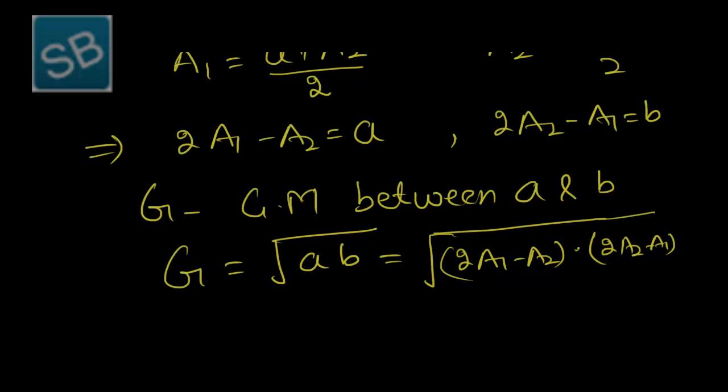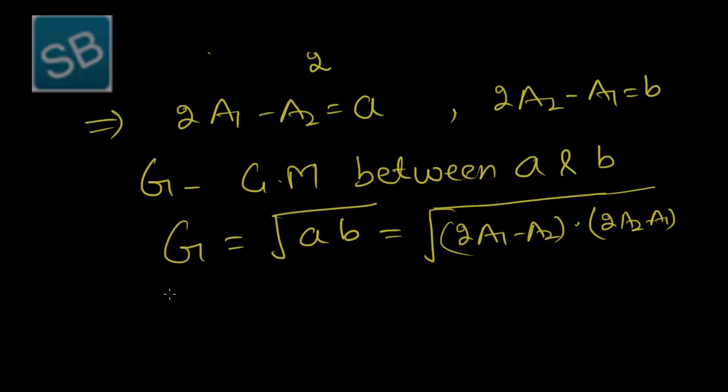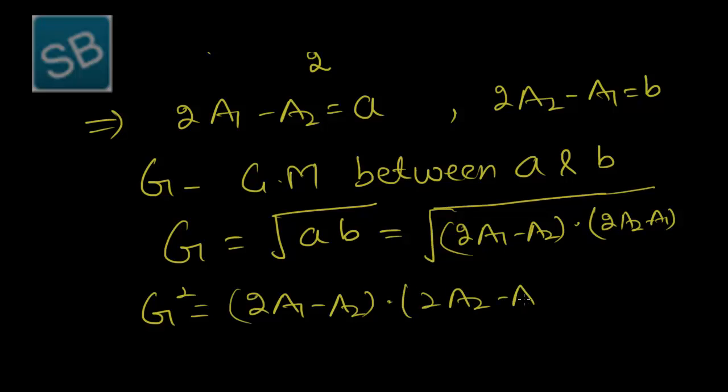Now squaring both sides, we get G square is equal to 2 times A1 minus A2 into 2A2 minus A1. Hence the result is proved.